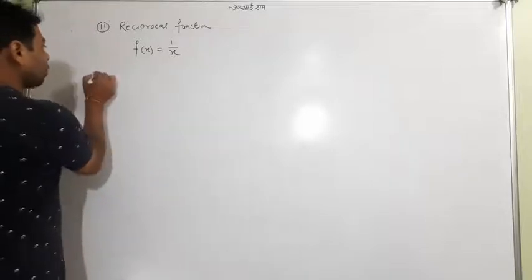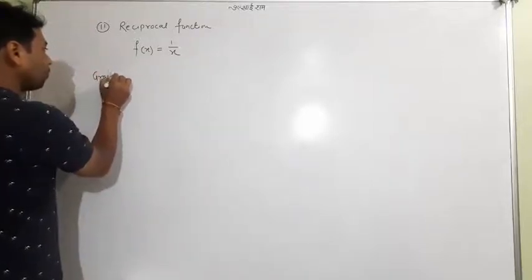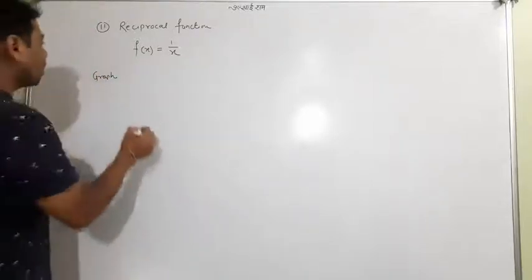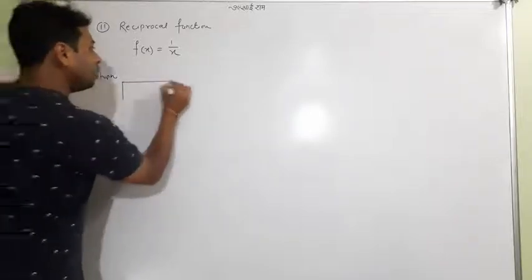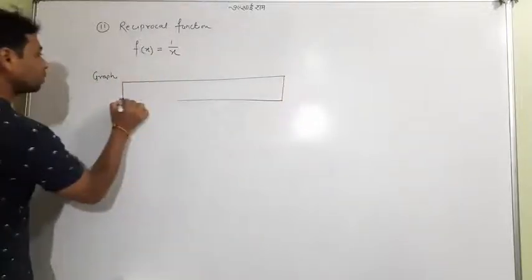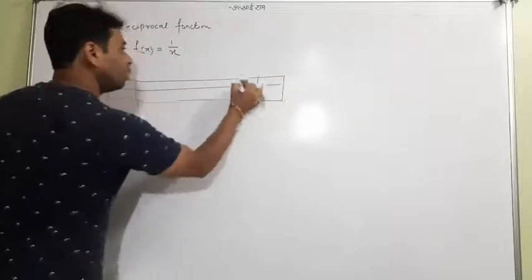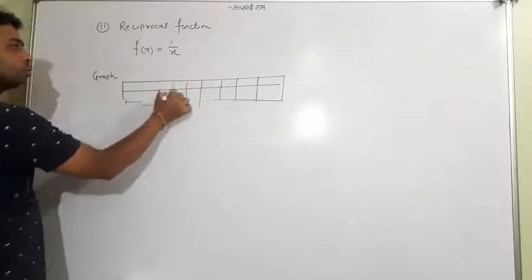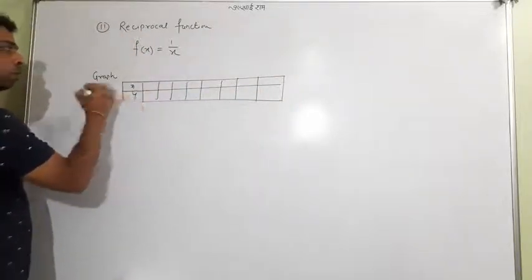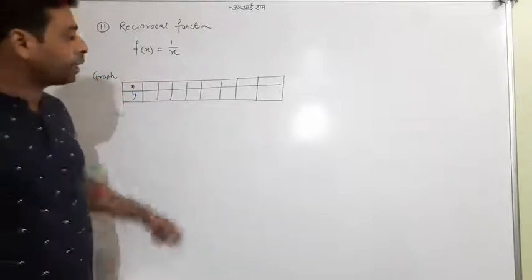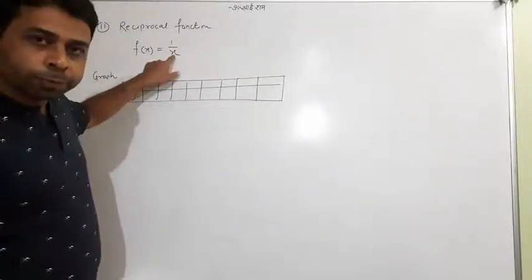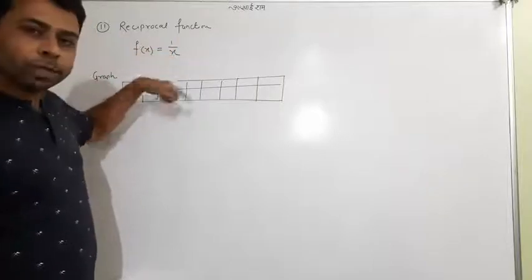What about the graph? I want to make its graph. For making the graph, definitely we need to choose some values. One very important thing is that we cannot put x equal to 0, because 1 by 0 is definitely not defined.